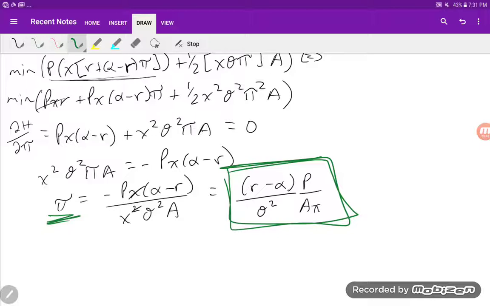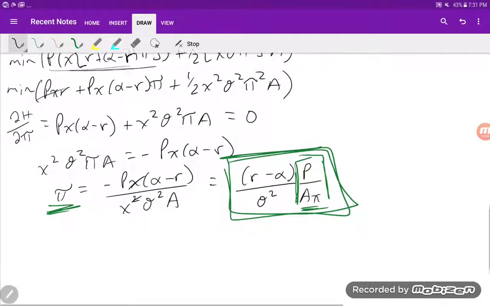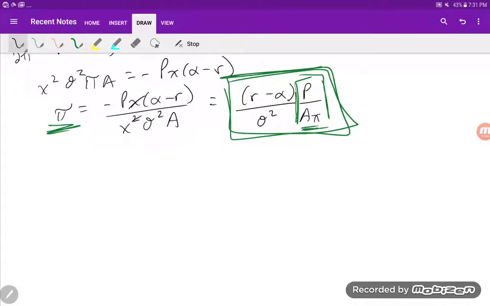Okay, so one big question is, what is this term? That's still a remaining question. And furthermore, the question is, is this control truly optimal? So that's our next step. What we're going to do is plug this back into our Hamiltonian, which, since we got this by the first order condition, is going to drop the minimum operator on it.